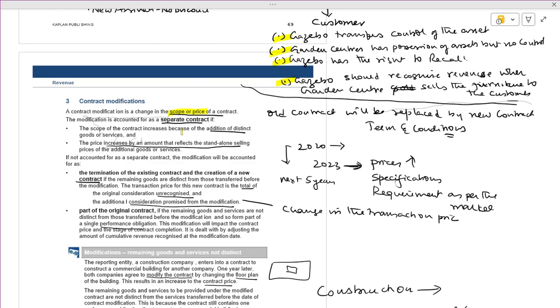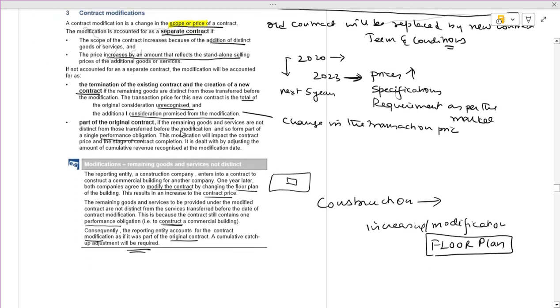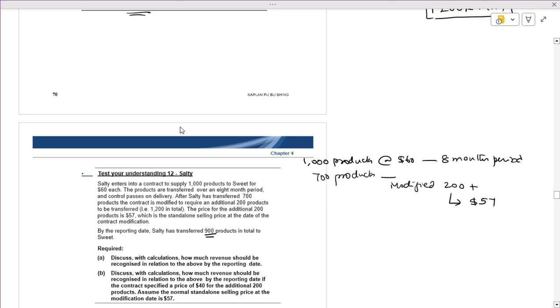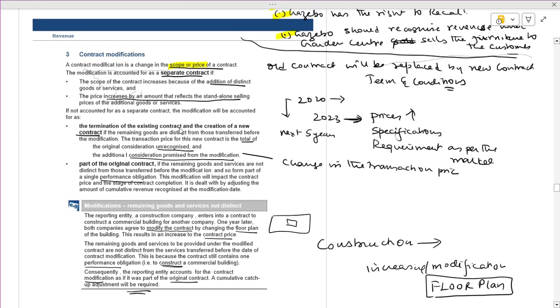The price increases by an amount that reflects the standalone selling price. The price has changed from 60 to 57. If that is the case, we have to treat it as a separate contract, based on these terms and conditions.